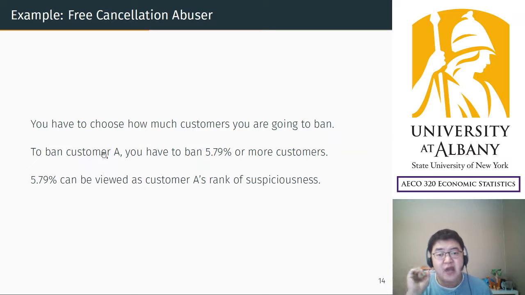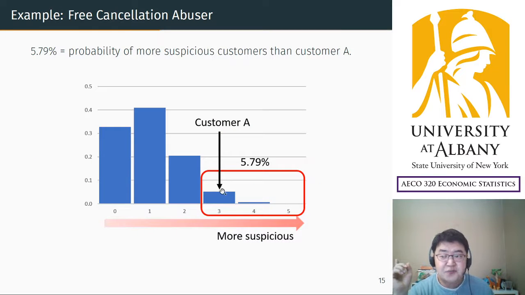To ban customer A, you have to ban 5.79% or more of customers. So this is the rank of customer A's suspiciousness. Customer A is here. To ban this guy, you have to ban everyone here, right? If you ban from the most suspicious, you have to ban all these guys. So in the end, you are going to ban 5.79% of customers.